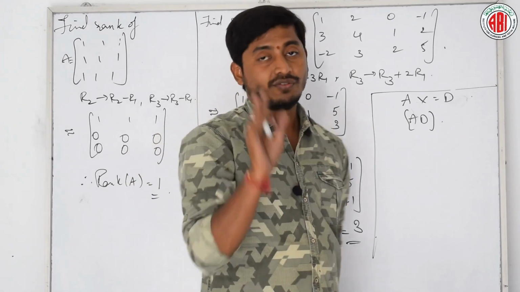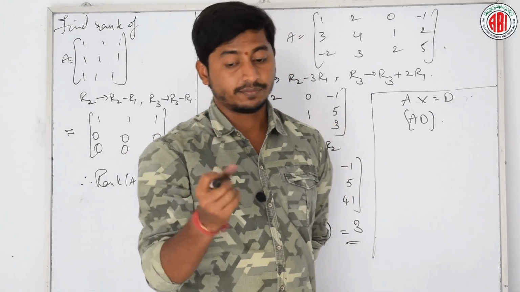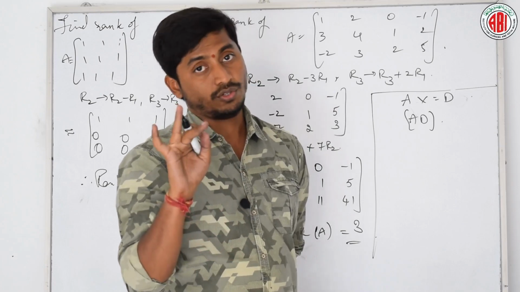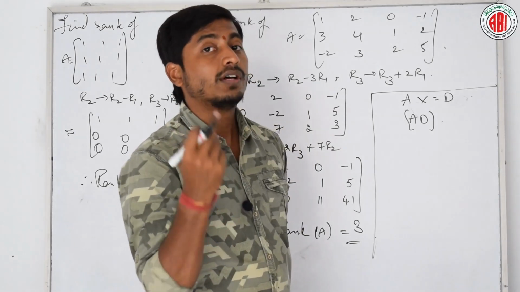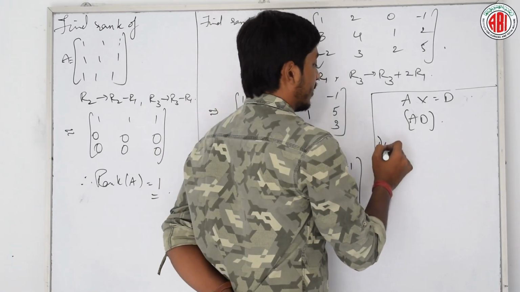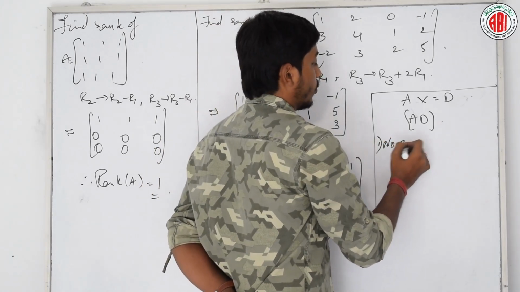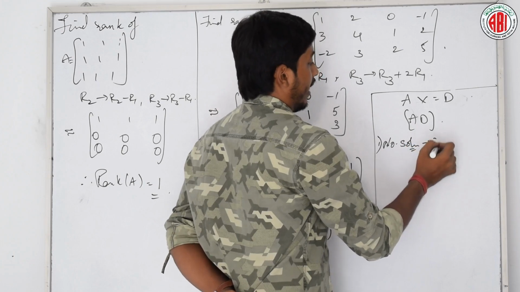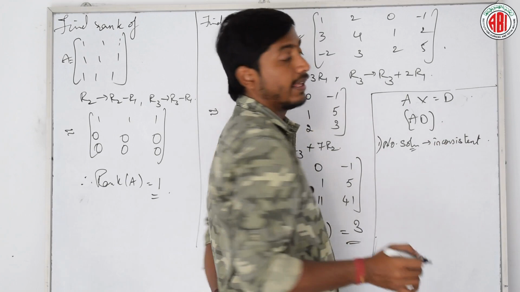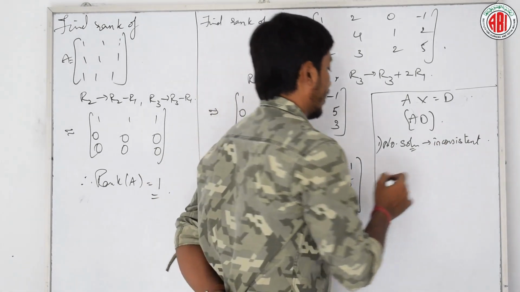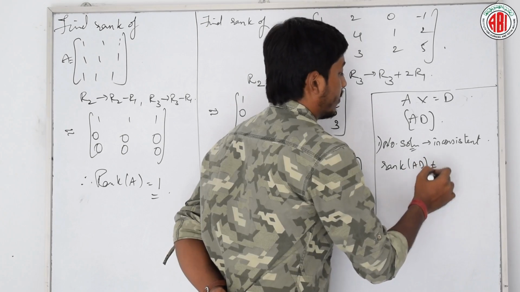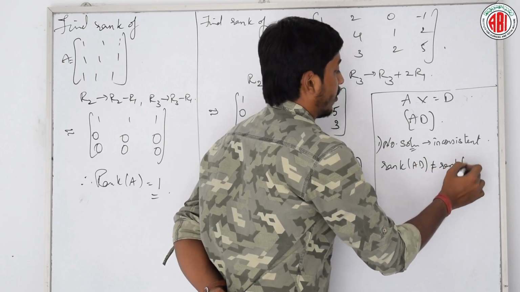We always know we have 3 different conditions: unique solution, infinitely many solutions and no solution. No solution means inconsistent. First condition is no solution, that is inconsistent. The condition which you have to remember is rank of AD is not equal to rank of A.